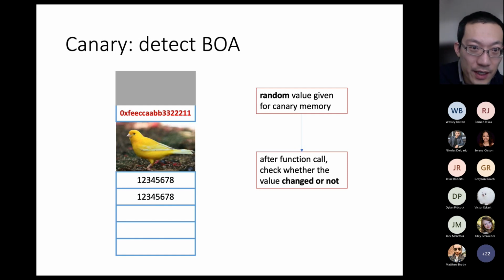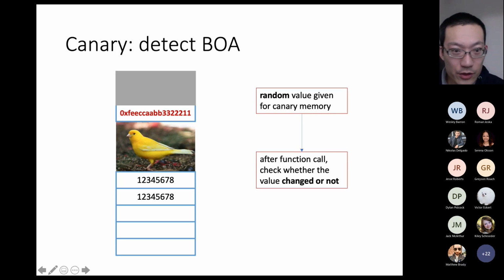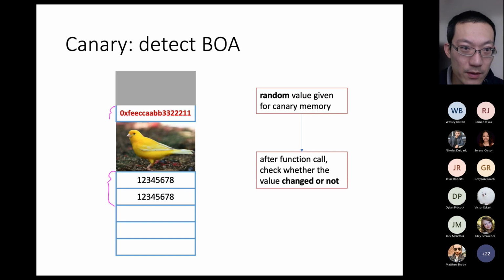Let's assume here is a buffer we want to use, and here is the return address we want to protect. Usually we have spaces in between, which we need to fill out.